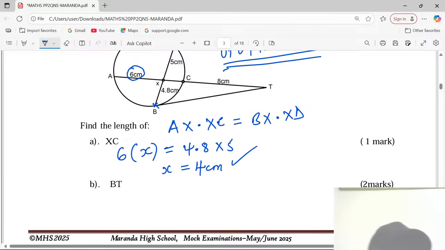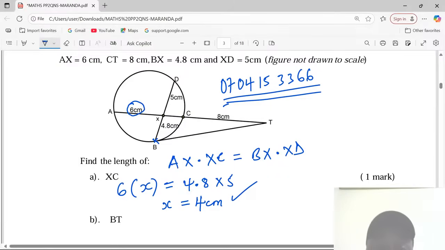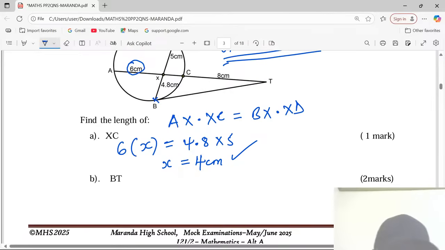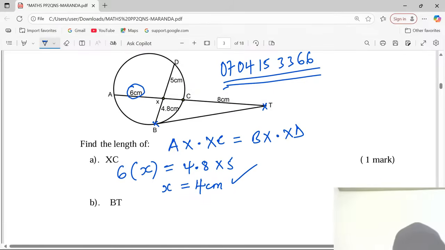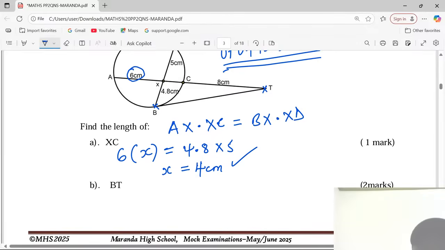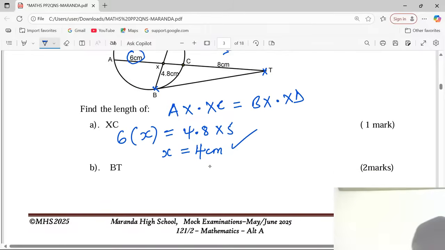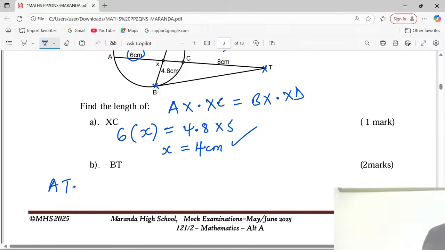So you are supposed to know how chords relate when they intersect internally, and when they intersect externally. Look at BT. The chord meeting BT externally at T, we take the whole chord AT and multiply by the outer portion CT, and we should get the value of BT squared.